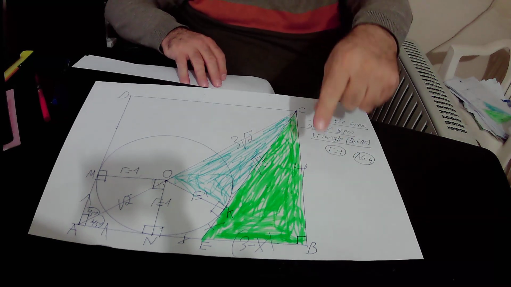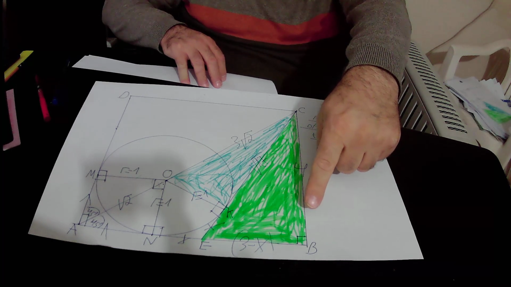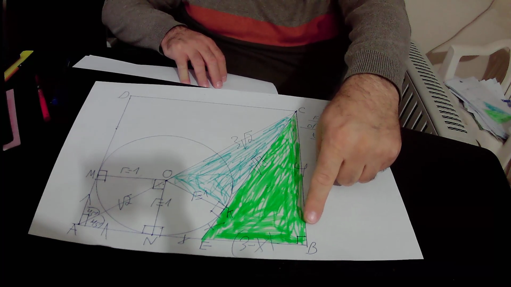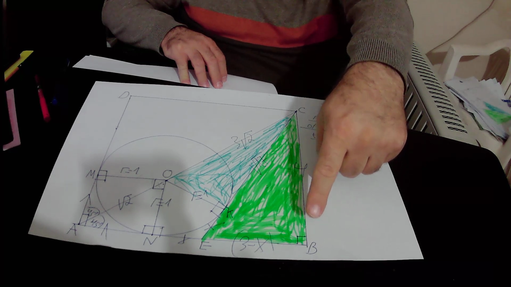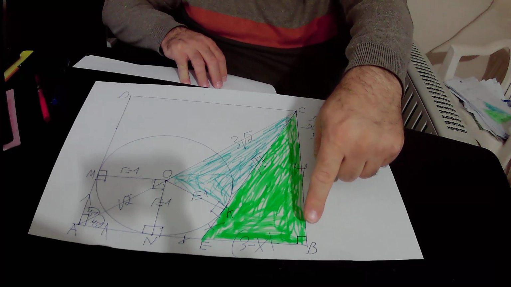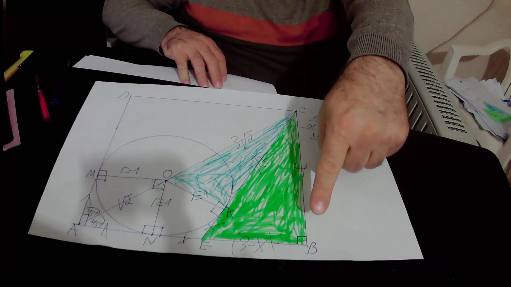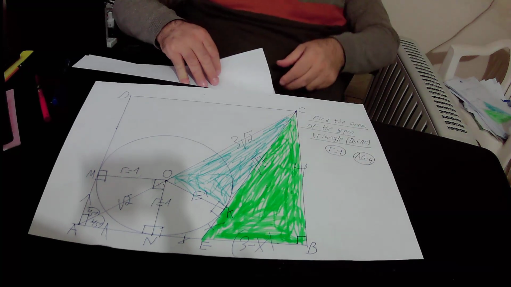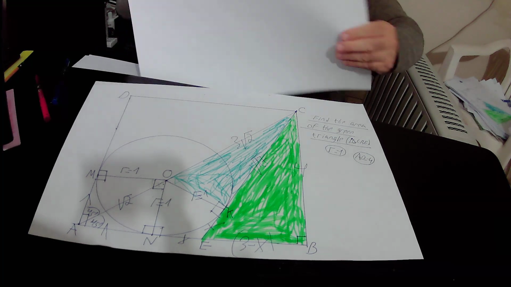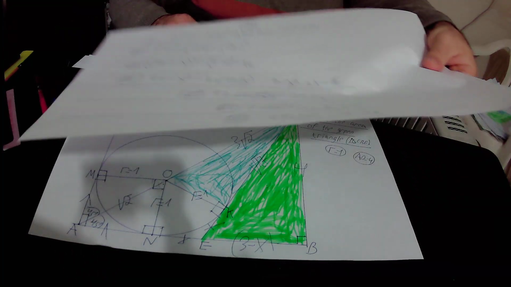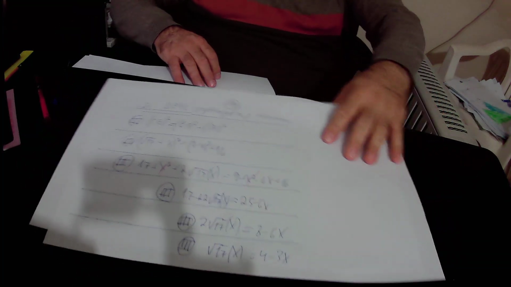We know that the green triangle is a right triangle because this angle is 1 out of 4 angles of square ABCD, and all angles of square ABCD are right angles. We implemented the Pythagoras theorem on the green right triangle, triangle CEB.